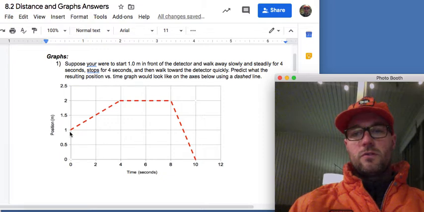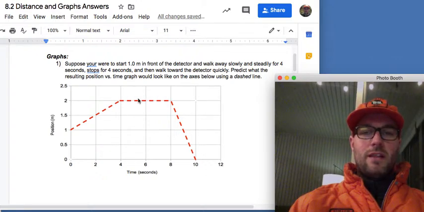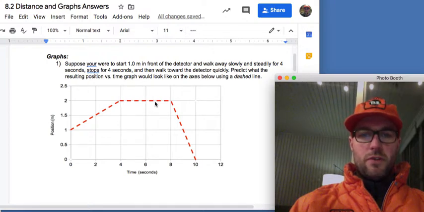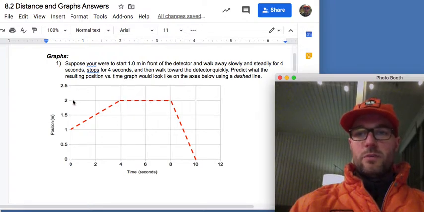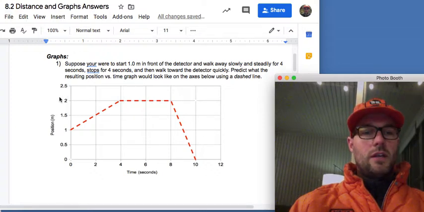So this one goes from 1.5 to 2. Then you stop. Stand still. Remember, the flatter the line is, the slower you're going, because when it's perfectly flat, horizontal like this, your position is not changing, which means you are standing still.